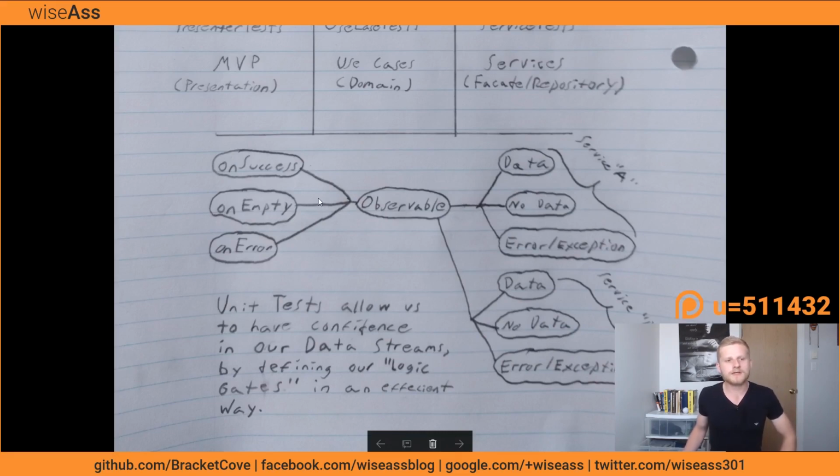So just one more time, let's say in an application the user clicks a button. A request is going to get sent through the application, maybe to retrieve some item. It gets to the end of the application, which is the data stuff, and it's either going to decide there is data, there is no data, or there is an error or exception.